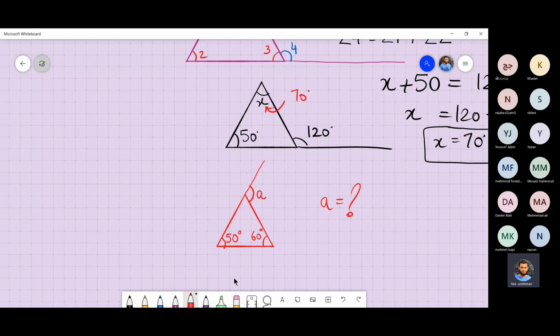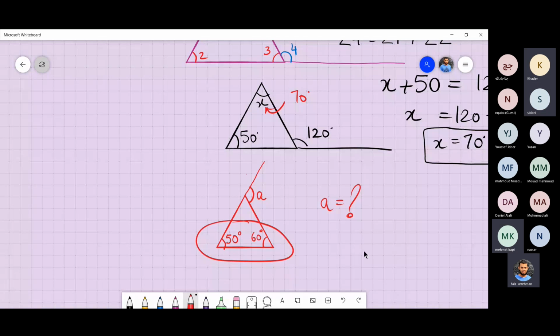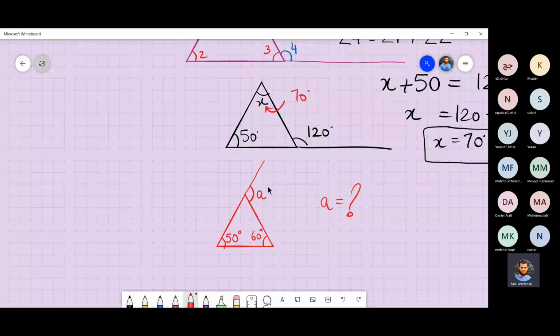A is exterior or interior? Exterior. 50 and 60, they are exterior or interior? Interior. The exterior angle is equal to the sum of opposite angles. So 60 plus 50, how much? 110. This is what exterior angle property is all about. Yani, we finished the solved example. Now I will go to the exercises.